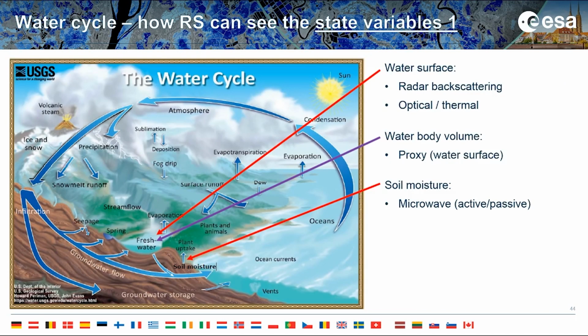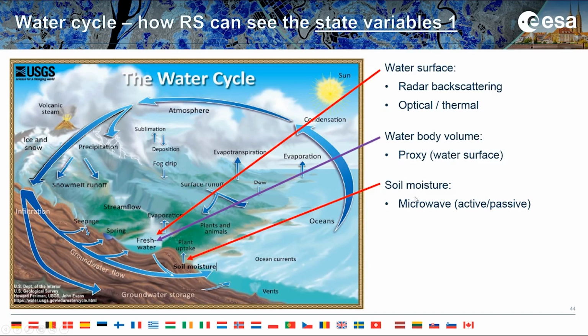Okay, this is just an overview of the water cycle, and how remote sensing can see the state variables. Water surface can be detected by radar backscattering or optical thermal. Water body volume by proxy, from water surfaces.